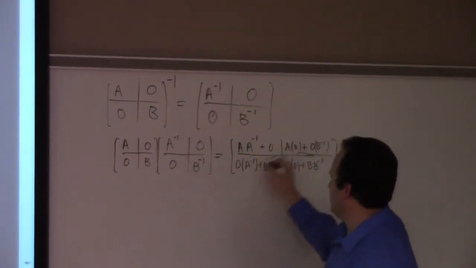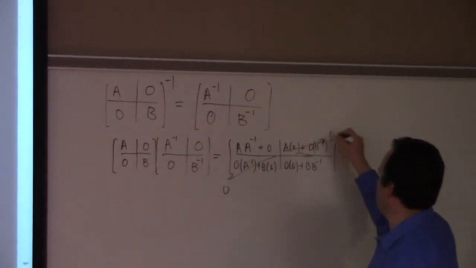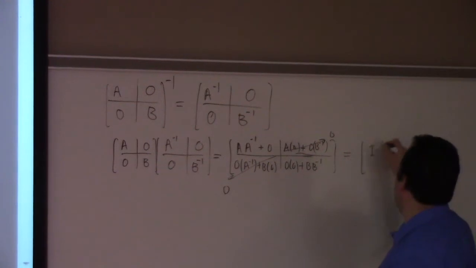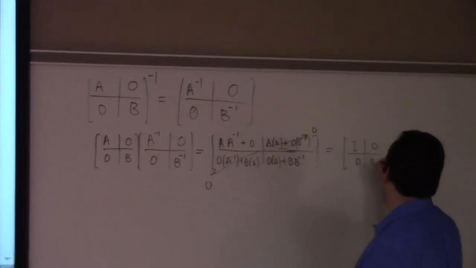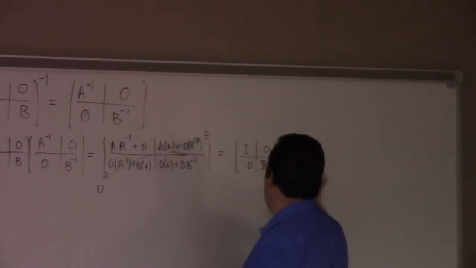Of course, this stuff goes to 0, that stuff goes to 0, and you're just left with zeros and the identity again, which of course you might recognize as the identity.